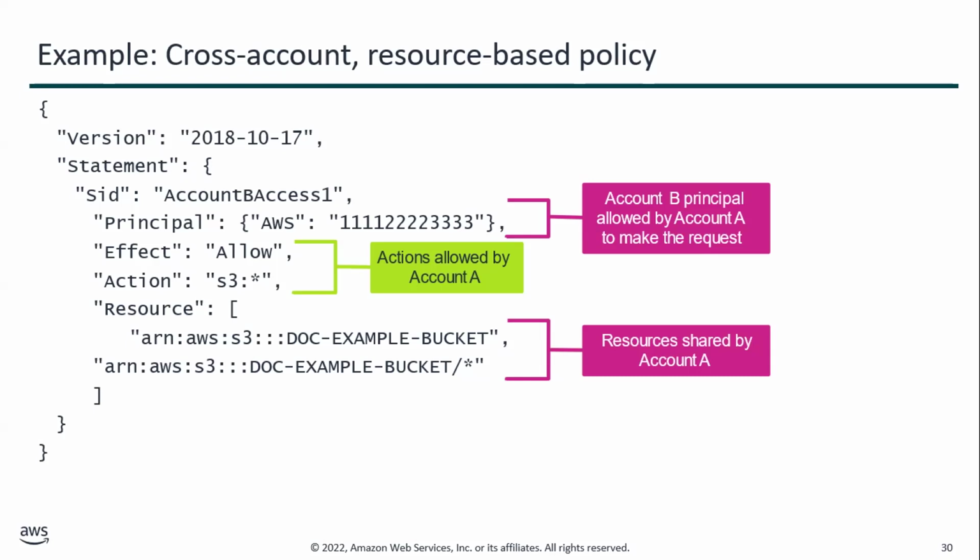There is an action allowed by account A, and account B as well, which is allowed by account A to make the request. So from one account, we can reach another account as well. That kind of option is also available.